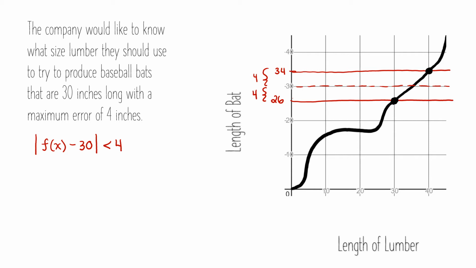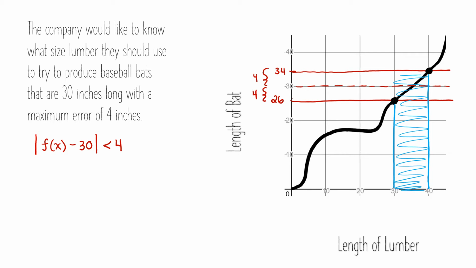And if we do that, we see that 30 inches of lumber will give us 26 inches of bat. It's probably not the right way to say that. And 40 inches of lumber will produce a bat that is 34 inches long. And as long as we're between those two lengths of lumber, we're going to fall inside this band here.